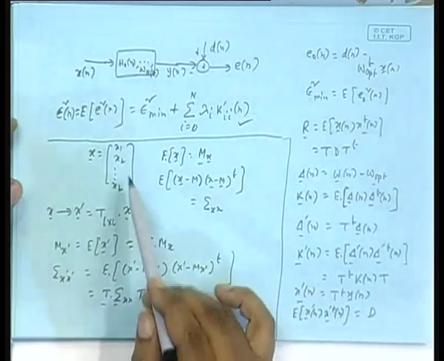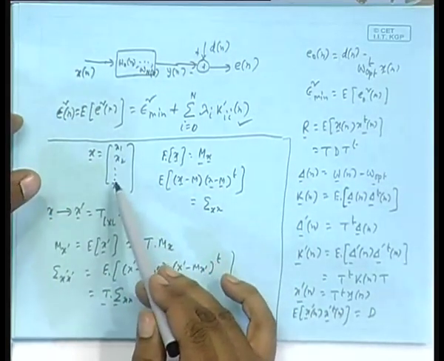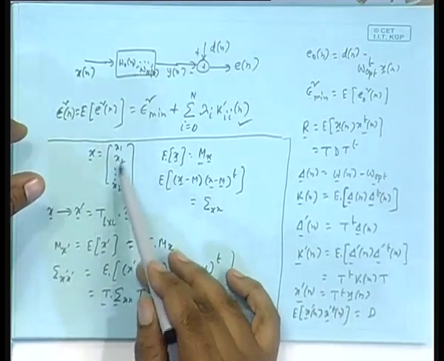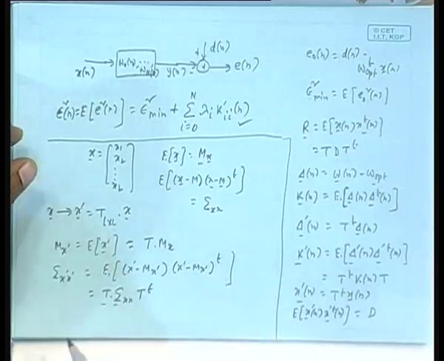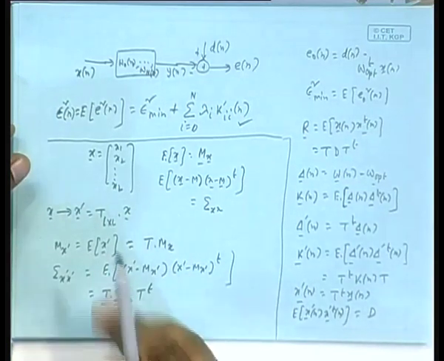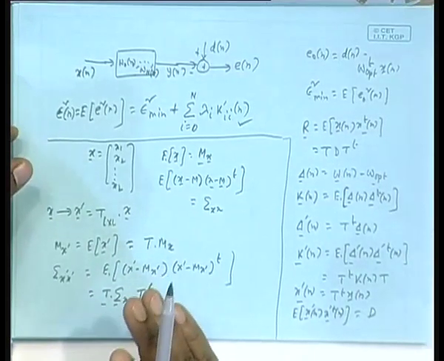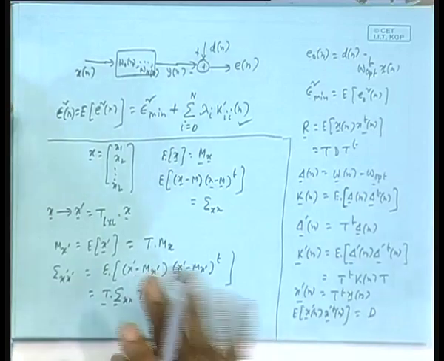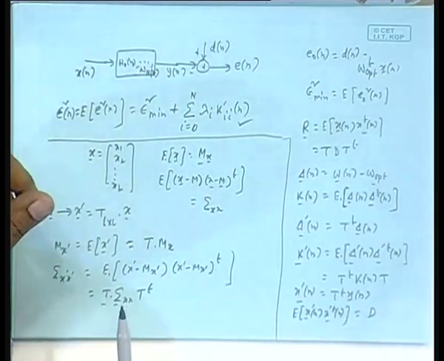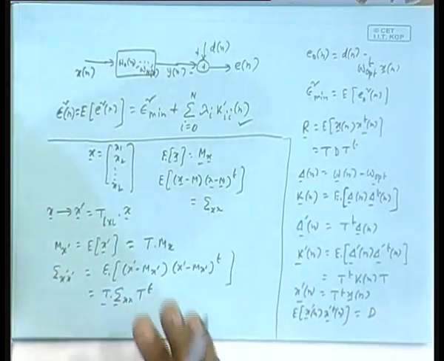Now, assume these to be Gaussian: a set of jointly Gaussian variables are linearly transformed to yield another set of variables x prime. Then this result I cannot prove here; if you take a book on probability theory by Papoulis or some other book, you will see these are basic results, but there is no scope to prove here. Some of the things you have to accept.